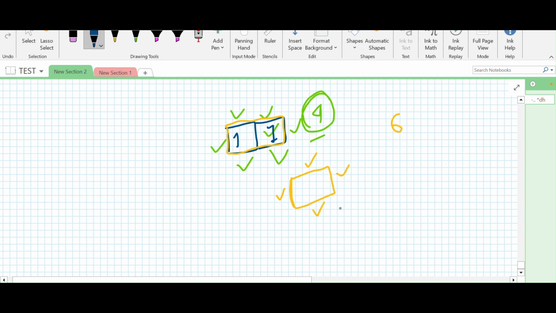But when I add another cell, I have a common side, and this green side is not part of the perimeter. So there are two cells, and this cell individually gives me 4 as a perimeter, and the other cell also individually gives me 4, but there is a common part which is not my perimeter.